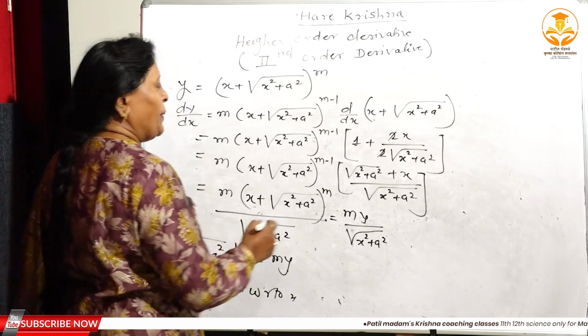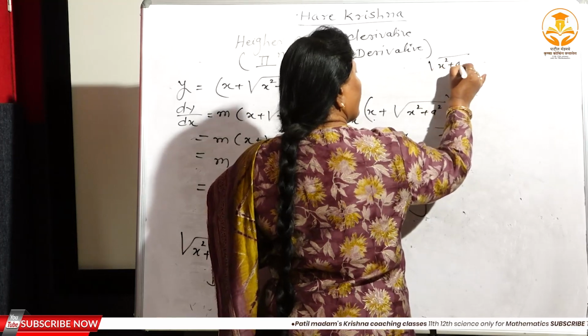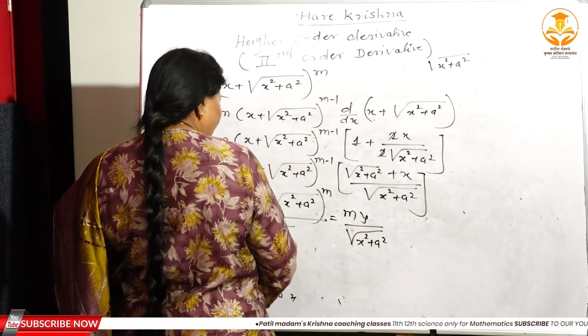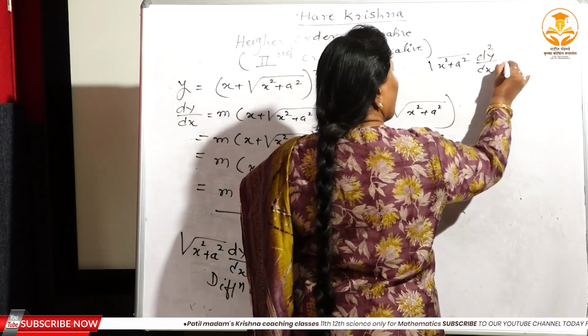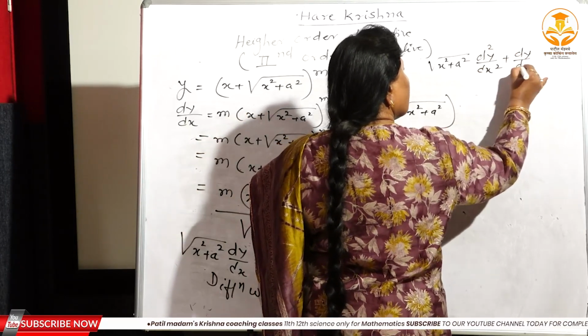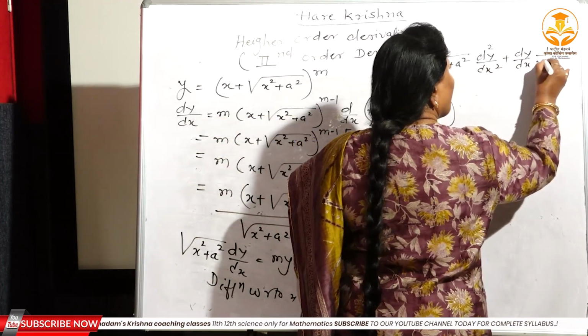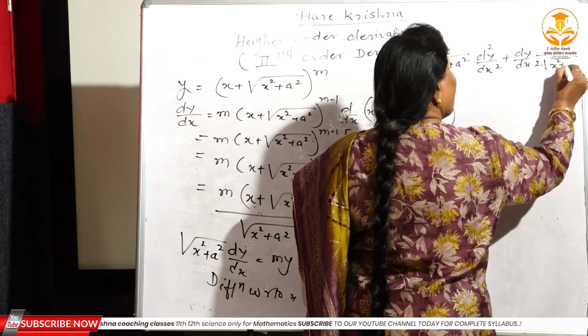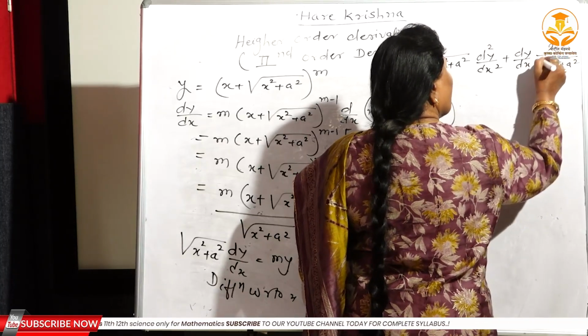And now differentiate. Right? Now here you have to differentiate with respect to x. Again apply the multiplication rule, root of x square plus a square remain as it is. The derivative of dy by dx, that is d2y divided by dx square, plus dy by dx remain as it is. The derivative of root of x square plus a square, 1 upon 2 root x square plus a square, and the derivative of x square, that is equal to 2x. 2 to get cancelled.